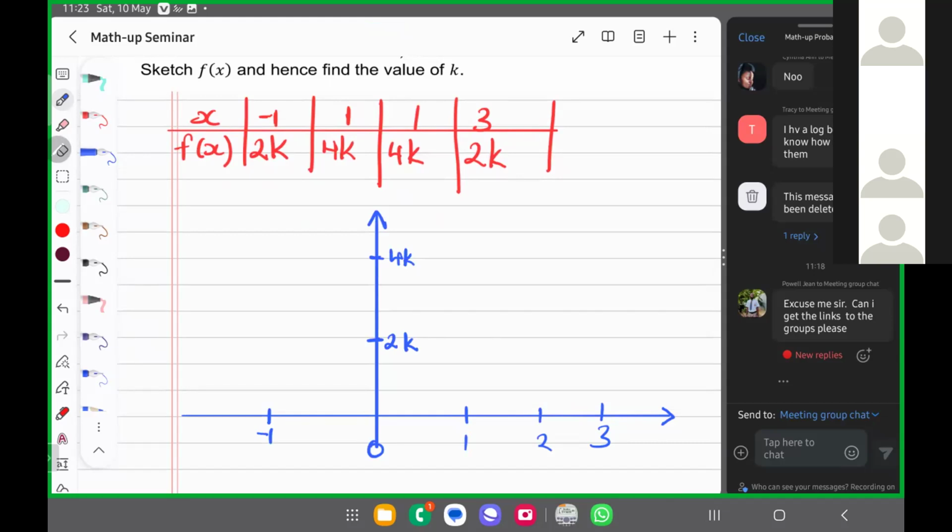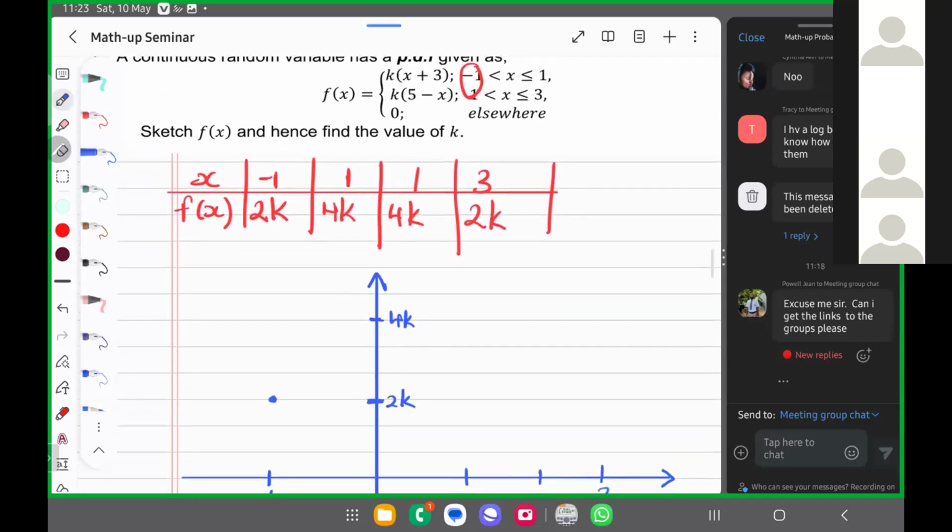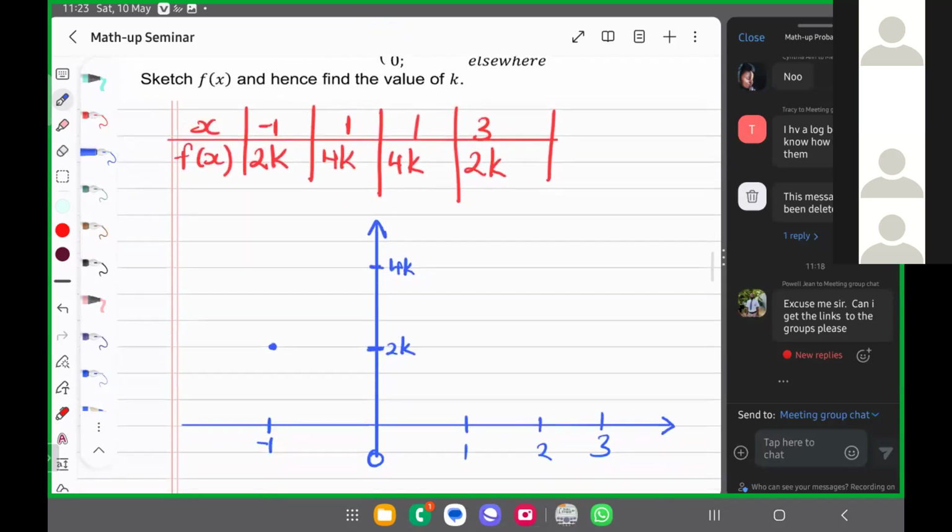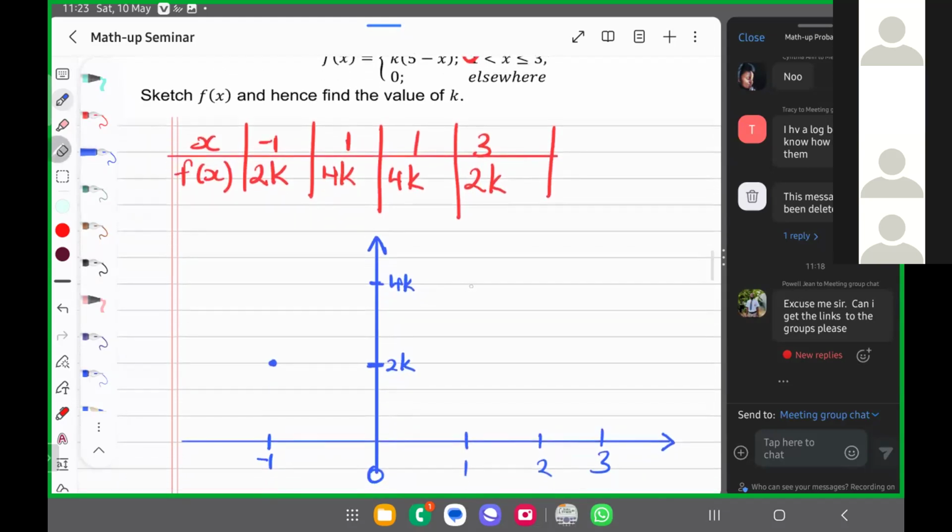So when x is equal to -1, f of x is equal to 2k. Then when x is equal to 1, f of x is equal to 4k, which is somewhere there. So when I join those 2 with a solid line, I'll have something like that.